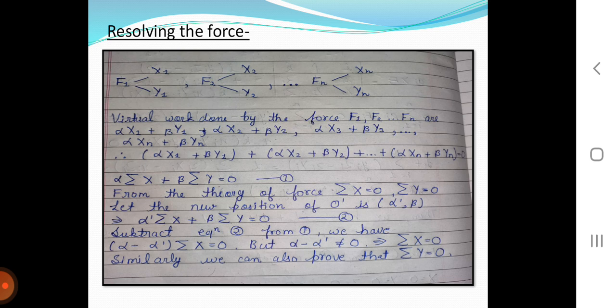We know that summation x is equal to 0 because alpha minus alpha dash can never be 0. In a similar way, we can prove that summation of y is equal to 0. Hence, it is clear from the definition that in equilibrium, the sum of virtual work done by the forces in a small displacement consistent with the geometrical conditions of the system is 0.